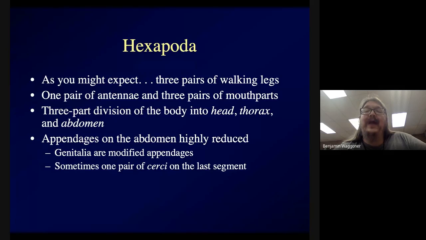The thorax has the walking legs. And the appendages on the abdomen are highly reduced or very often missing completely. The genitalia are modified appendages. Often in insects, those are tucked in and not visible unless you dissect them out.